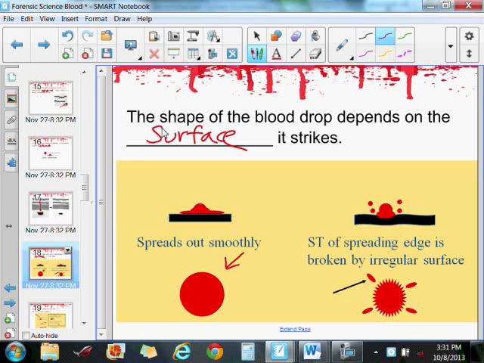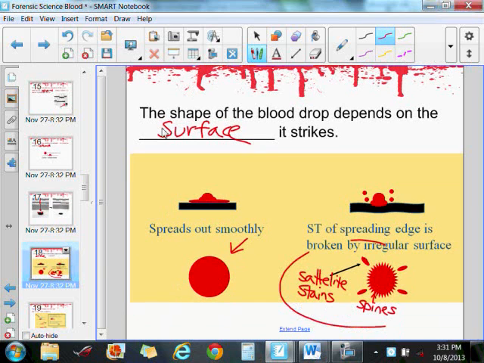However, if the surface is rough, then that rim is broken by the surface, and you get these small splatters. And these little, tiny blood droplets are called satellite stains. You can also get spines coming off of it. I would like you to draw this if you don't have it in your notes already.